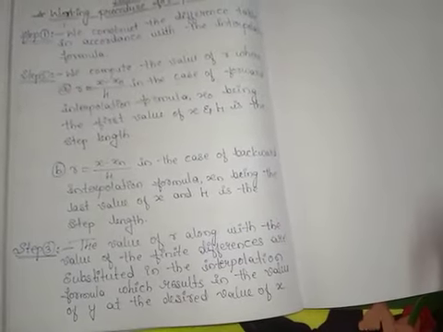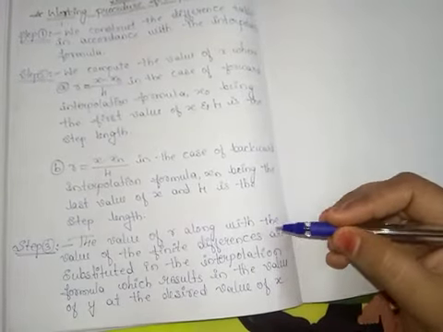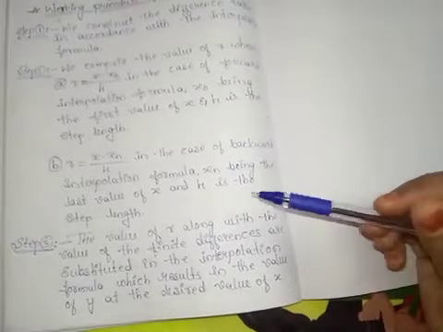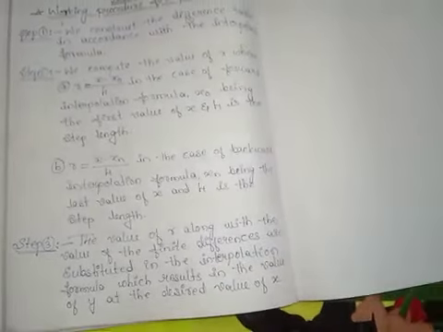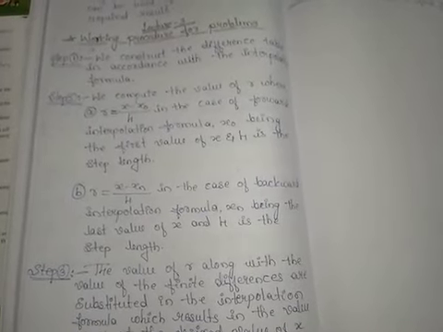If you are applying the forward formula, substitute all these values in the forward interpolation formula. If you are applying the backward formula, substitute in the backward interpolation formula and calculate. You get the value of y at the desired value of x. This is the procedure.